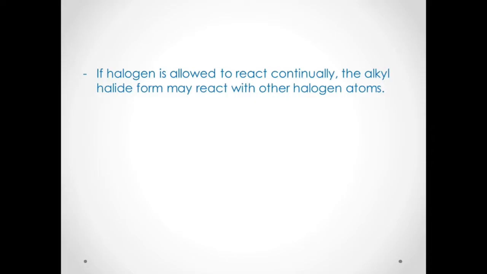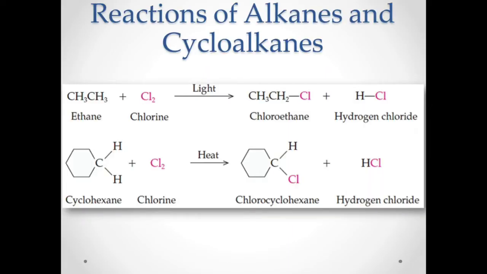So if halogen is allowed to react continually, remember that it is only monohalogenation. That means you are substituting a hydrogen with one halogen atom. Okay? But if you are going to allow it to react continually, then the alkyl halide that is formed may react also with another halogen atom. Remember this one, for example, if this alkyl halide will react with another chlorine in the presence of light or heat, then, do you remember that this carbon has two hydrogens left?